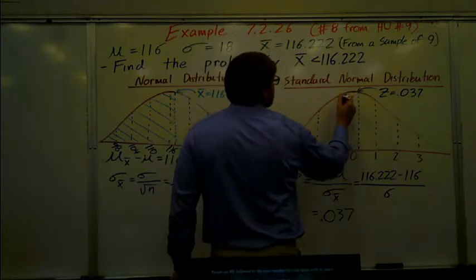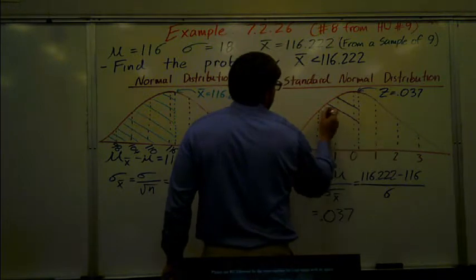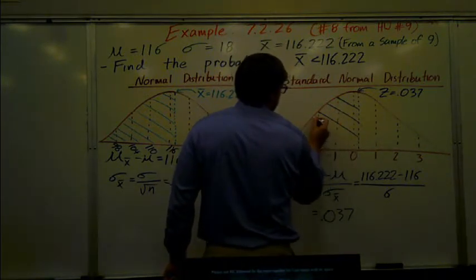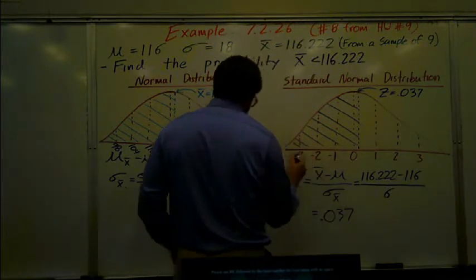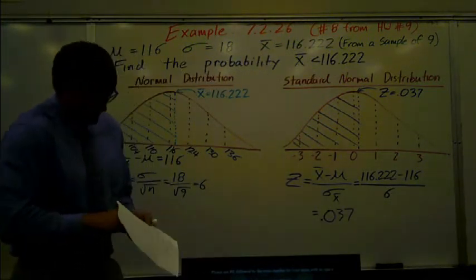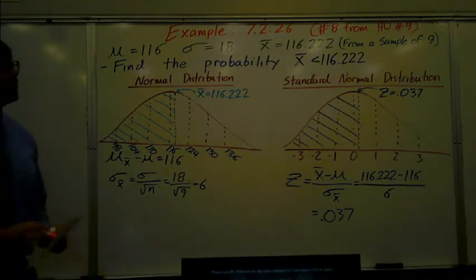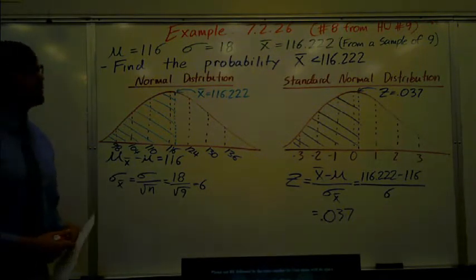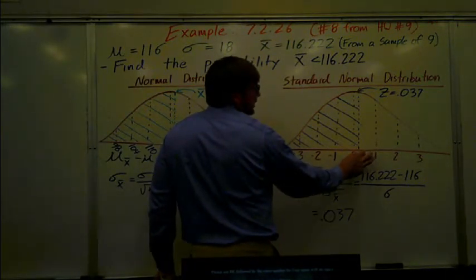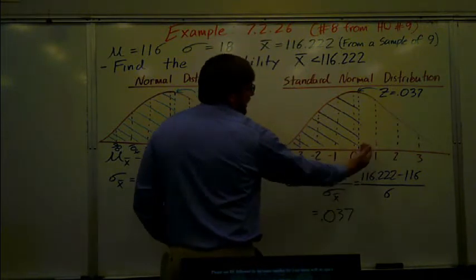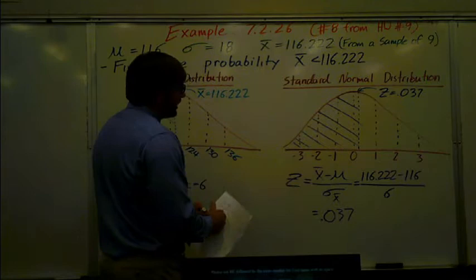And we are still interested in finding the area to the left of that. So once again, I'm going to use the table in the back of your book that gives you probabilities or areas between 0 and positive z values. So since we want this entire area, I'm going to split it up into two different areas.